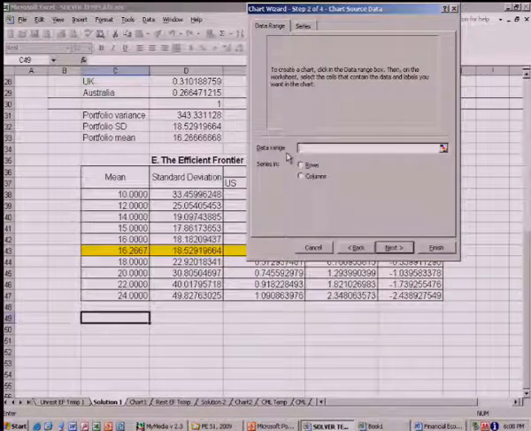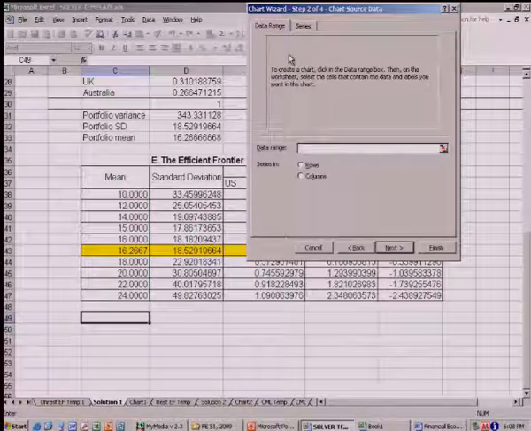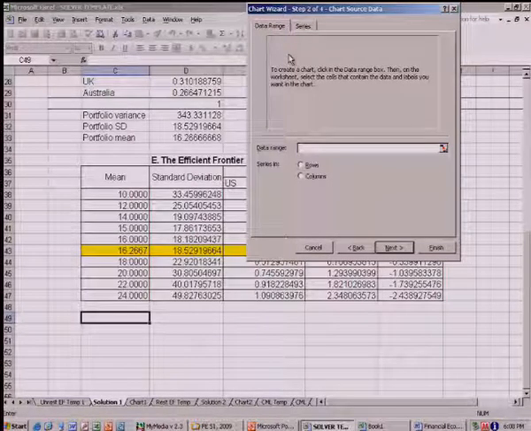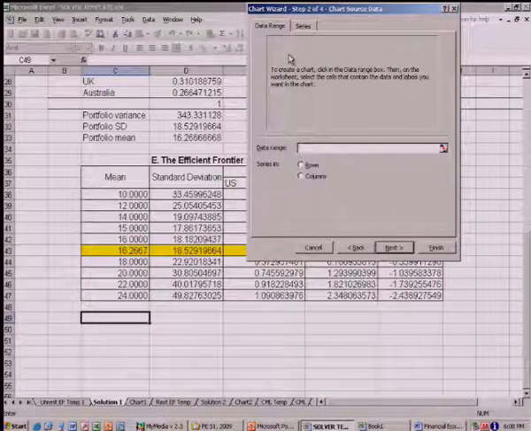I'm not going to use a data range because, if you have ever used Excel previously, you might know that whatever is in your first column is going to be plotted on your x-axis, and whatever is in your second column is going to be plotted on the y-axis.